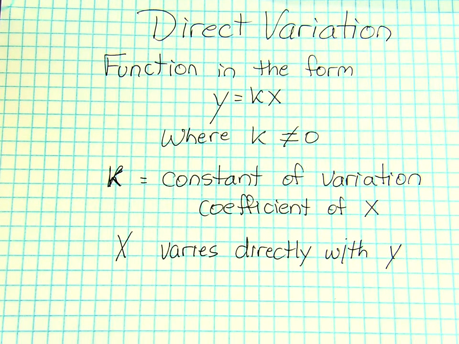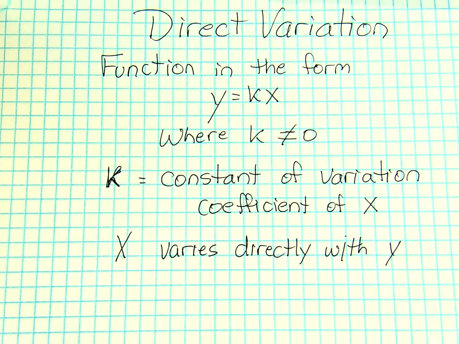Well, that means if x is increasing, y is increasing, and it is increasing at a constant rate. It doesn't go up a little bit and then double; it's always going to go up the same amount. So you are going to have a straight line, and it's going to be constant variation.